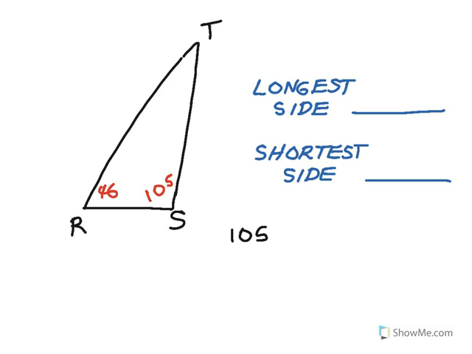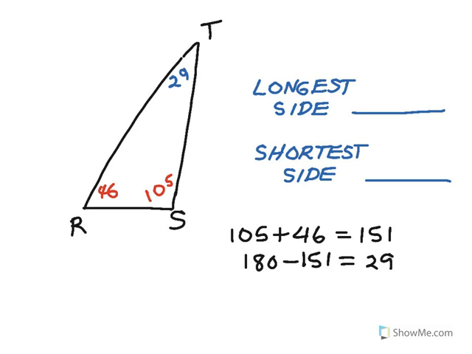If I add those up, I get a combined measure of 151. If I take that away from 180, I find the measure of that third angle: 29 degrees. So I'll fill that in up here.